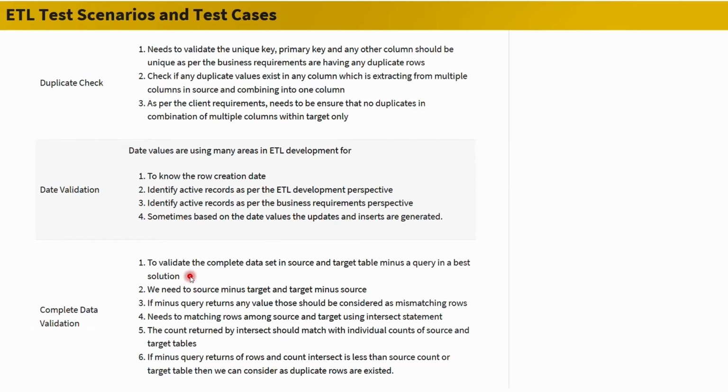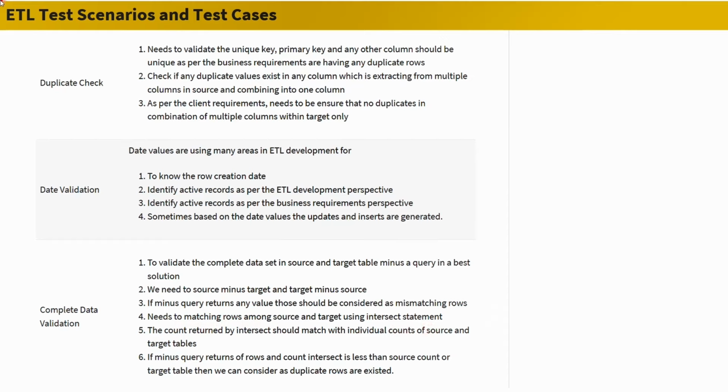So in the complete data validation, to validate the complete data set in the source and target tables, minus queries are the best solution: we need to do source minus target and target minus source. Then another test case is that if a minus query returns any value, those should be considered as mismatching rows, and we need to match the rows between source and target using an intersect statement.